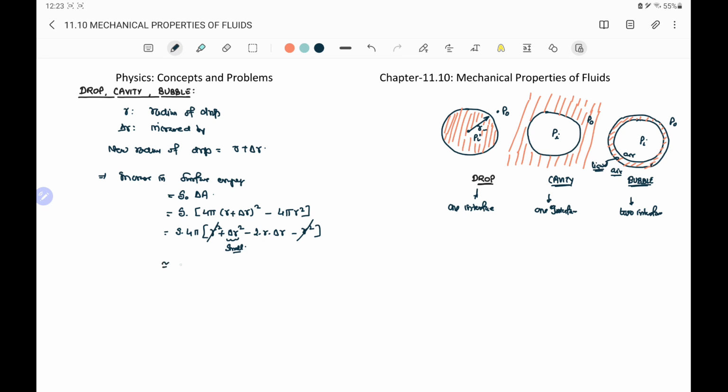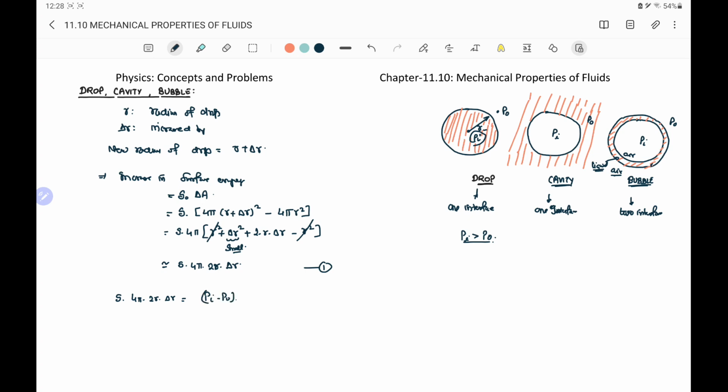So we can approximate it as S into 4 pi into 2r delta r. This is our equation number 1. The increase in surface energy is due to the work done by the pressure difference. So we can write from equation 1 that the increase in surface energy is S into 4 pi into 2r delta r, and this will be equal to the work done by the pressure difference.